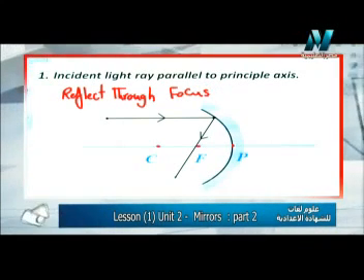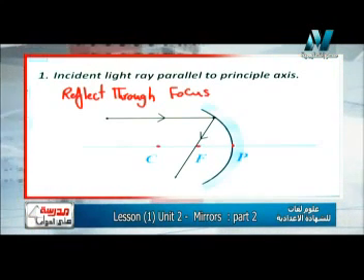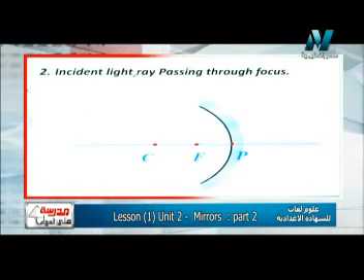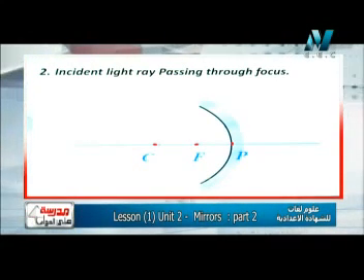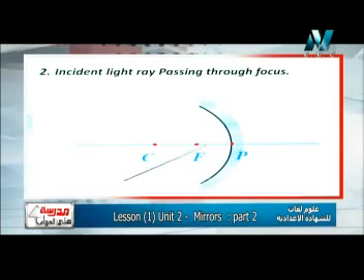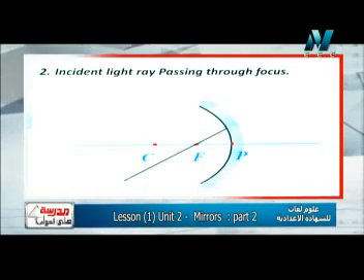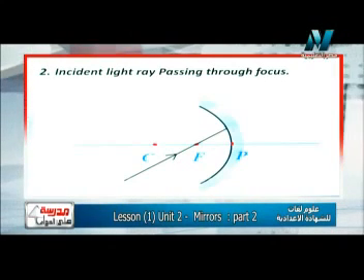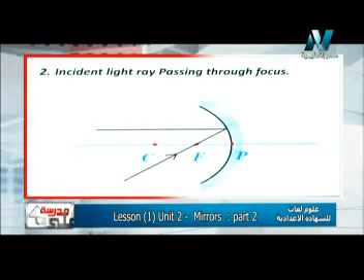And we have another rule here to explain the behavior of light through concave mirrors: an incident light ray passing through focus. This light ray passes through focus like that, in this direction. It will reflect parallel to the principal axis.